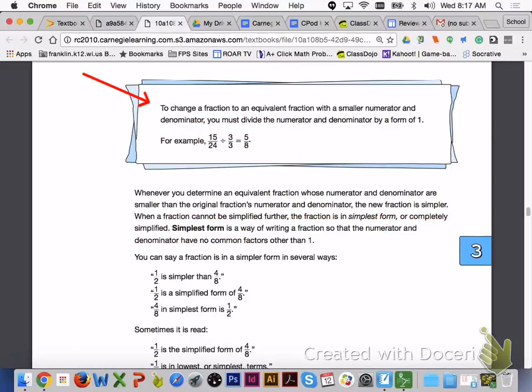Turn to page 157. Now to change a fraction to an equivalent fraction with a smaller numerator and denominator, you must divide the numerator and denominator by a form of 1. For example, 15/24 divided by 3/3 is equal to 5/8.